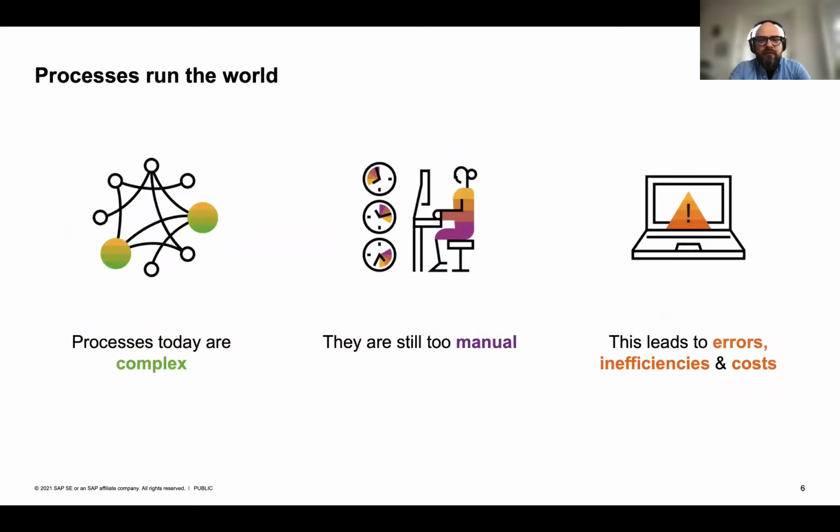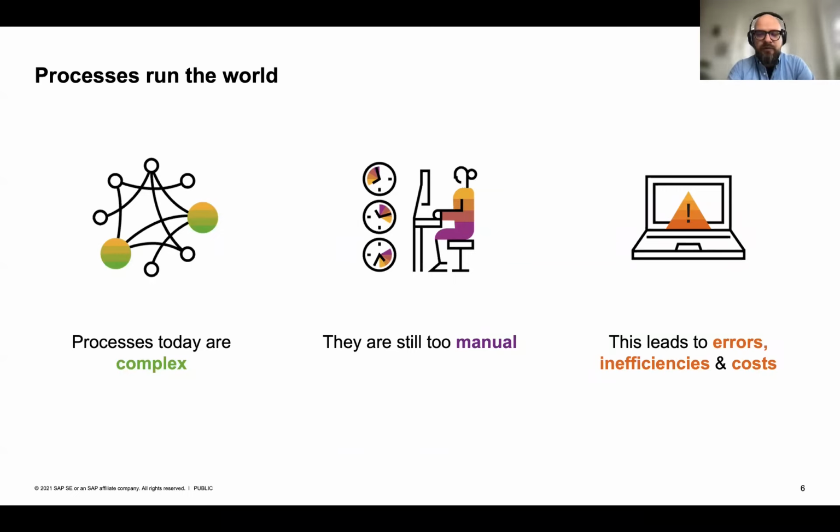When we're talking about processes, of course, it's clear processes are complex. And there needs to be some way to handle this complexity, because complexity itself is not necessarily a bad thing, but you need to be able to handle it. On the other hand, sometimes it's also better to hide the complexity from the end user.